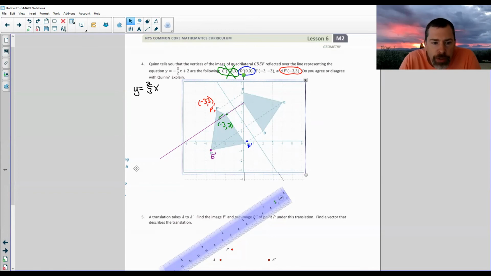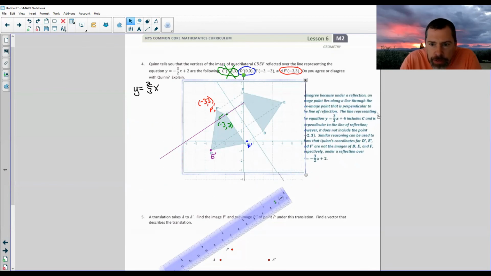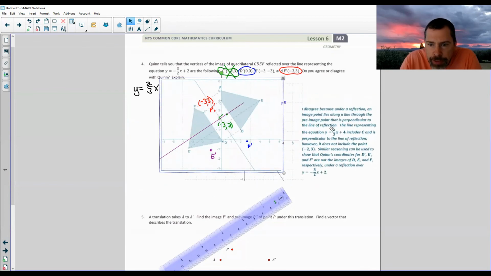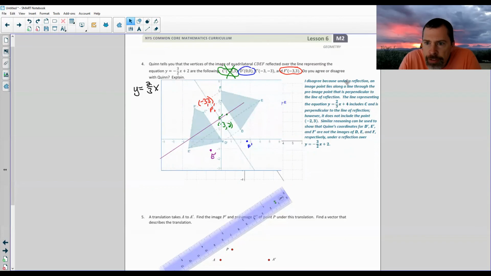Okay, so do I agree with Quinn? And the answer is here. Let me move this out of the way now. So I'd say I disagree because under a reflection, an image point lies along a line through the pre-image point that is perpendicular to the line of reflection. For example, the line representing the equation y equals 2/3 x plus 4 includes C, which was this one up here.